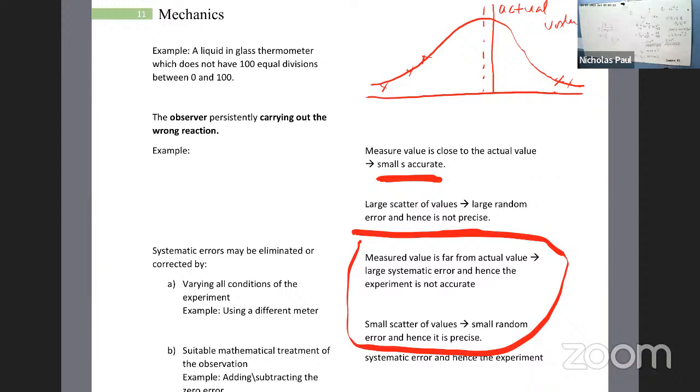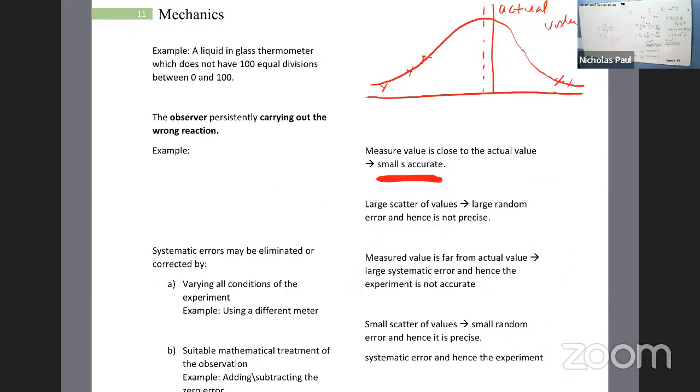Can you use this example to draw this in your notebook? Familiar? Understand? Absolutely right.